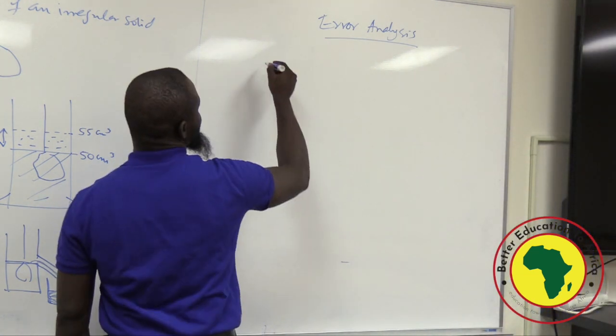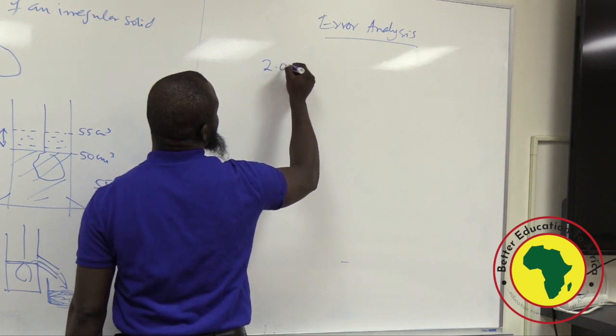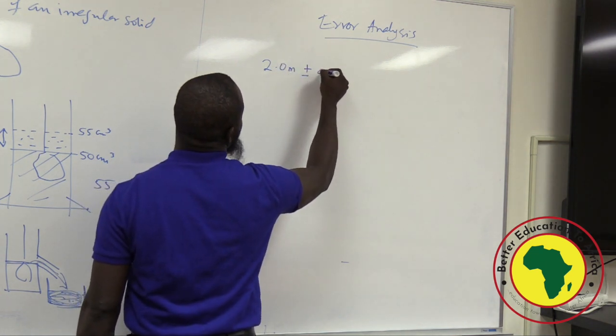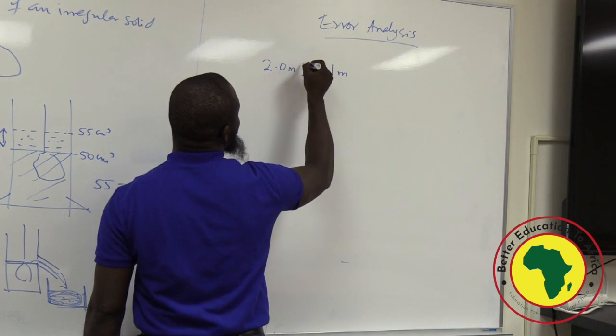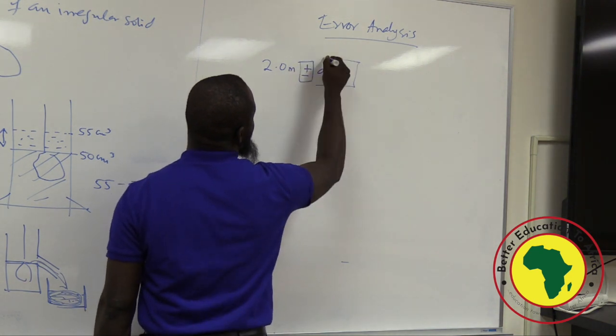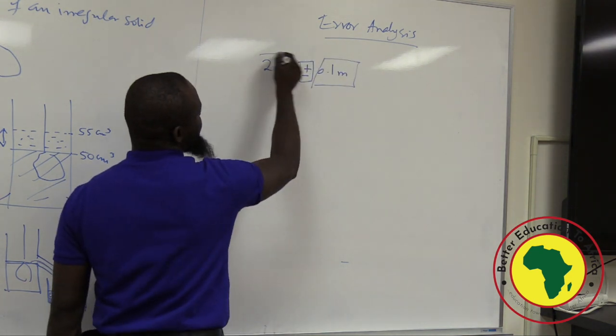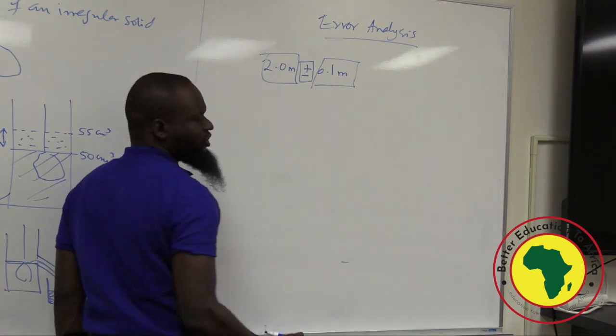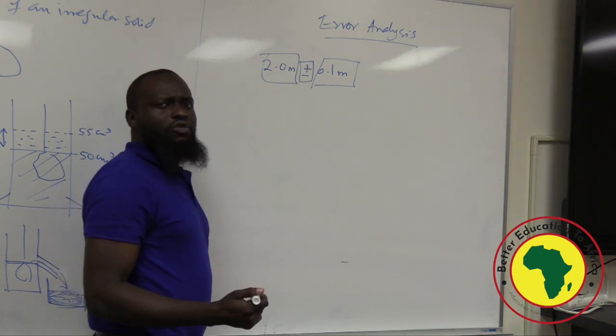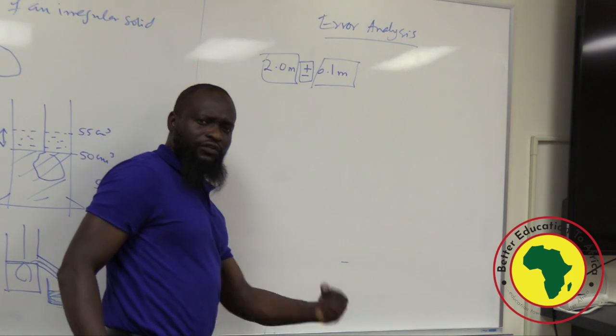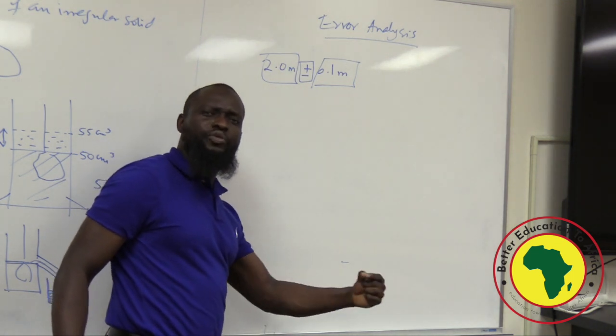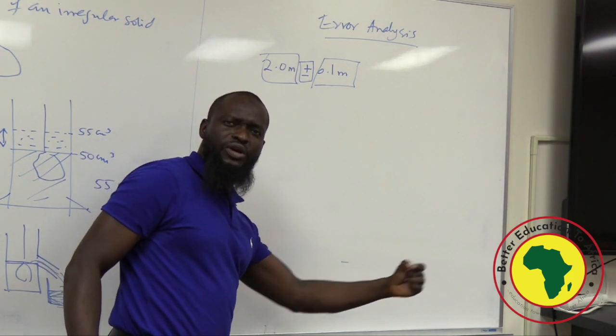So we measure a length, say 2.0 meters. We usually add plus or minus 0.1 meters. This plus or minus tells us the error range, so this is the measurement and this is the error. For significant figures, the position of the decimal point in your measurement must match that of your error.